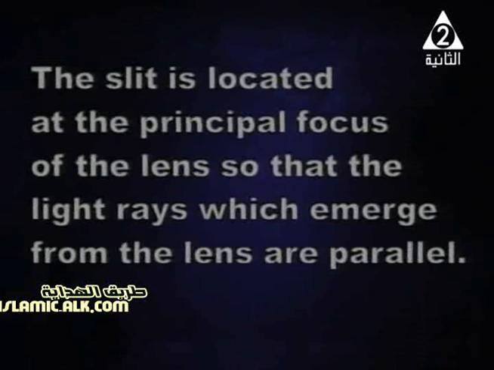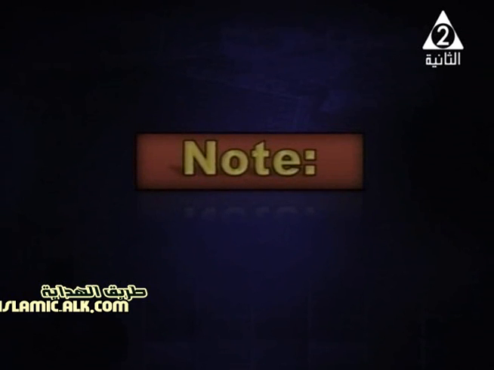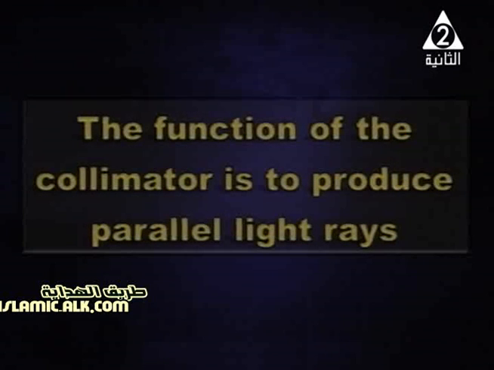So the function of the collimator is to produce parallel light rays. Your attention, please. The function, once again, of the collimator is to produce parallel light rays.